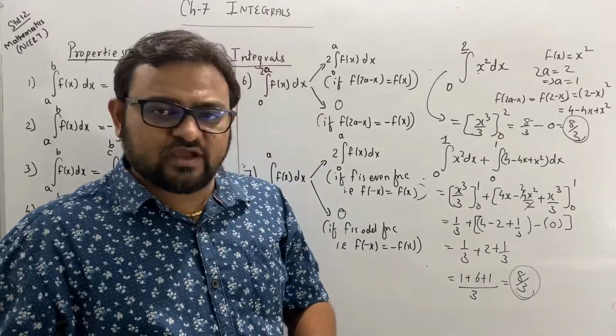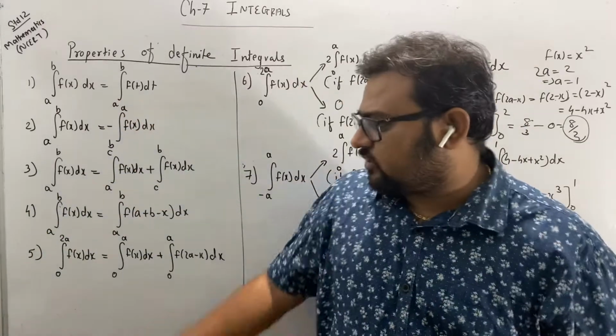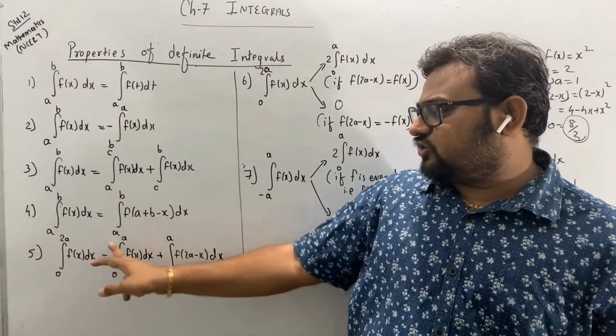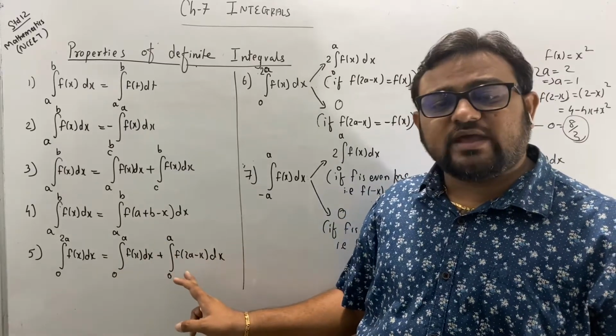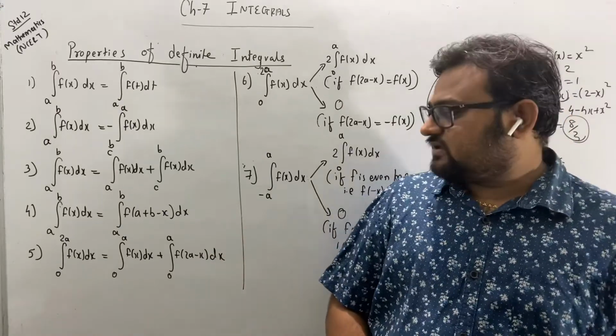Clear? Okay. So not in this type of sum, but in the other type of sum we will be using this formula. Remember, integral 0 to 2a f(x) dx equals integral 0 to a f(x) dx plus integral 0 to a f(2a minus x) dx. Clear?